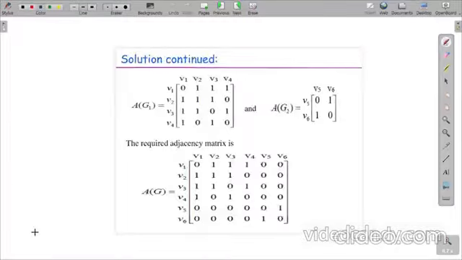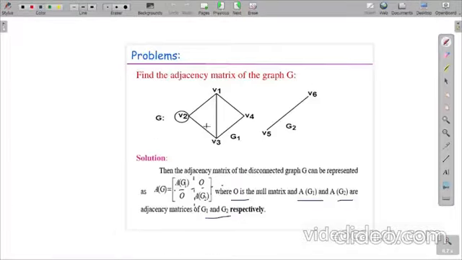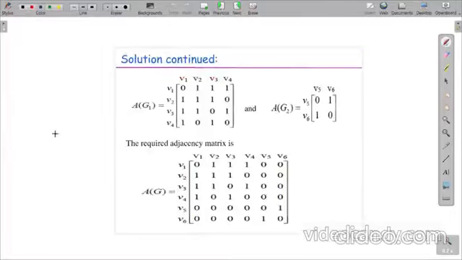Now here I am drawing this graph: V1, V2, V3 and V4.